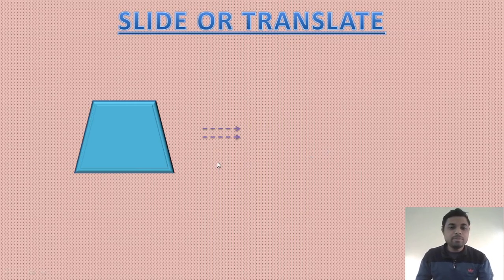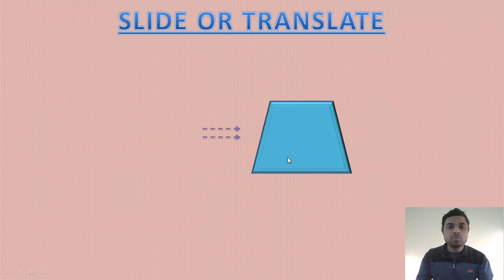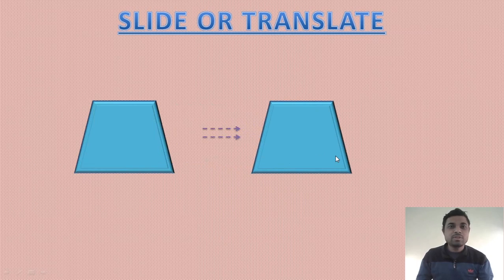That means if you move it like this, it will be here, and this is the previous position. Just see, shape and size are the same as the previous. So this object is moved here without changing its shape and size.